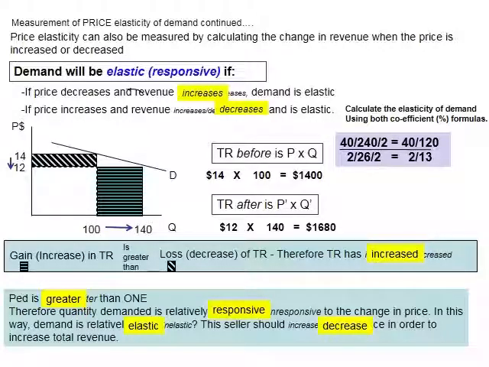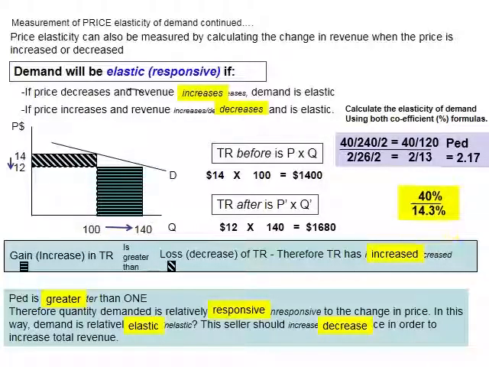We do the same for price, 14 minus 12, 2, 14 plus 12, 26 divided by 2 to get the midpoint, which equals 2 over 13. Divide that into your top number and you should arrive at the coefficient of 2.17, which is greater than 1, elastic.